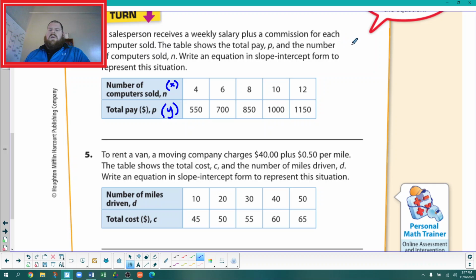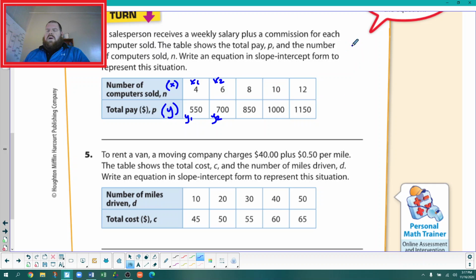Okie dokie. So let's go x1, y1, x2, y2. And you could really pick any of these as your ones and twos. I picked the first two because typically they're the smaller ones. Okay.